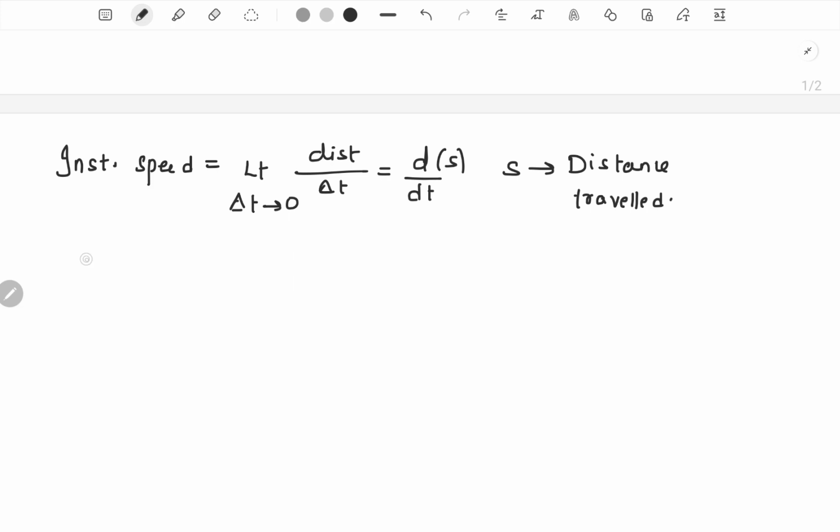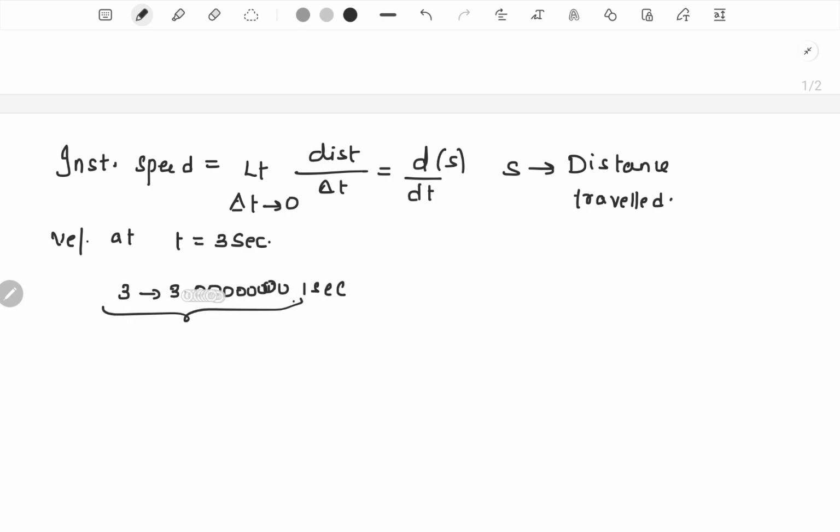Similarly, if we calculate average velocity of a body for a very small interval of time at a particular instant, let's say I want to calculate the instantaneous velocity at t equal to 3 seconds, then how I practically do it mathematically is, I will consider a very small interval of time at t equal to 3 seconds, something like the interval between 3 to, let's say, 3.00000000001 seconds, as close to 3 as possible.